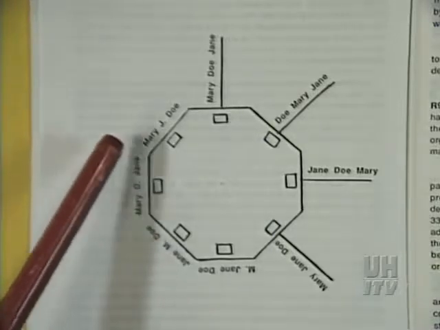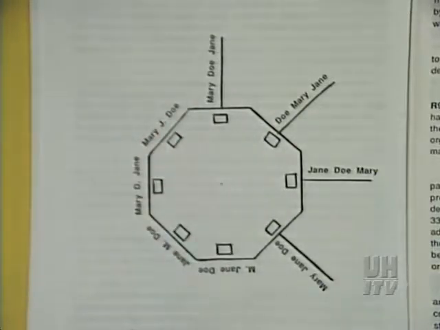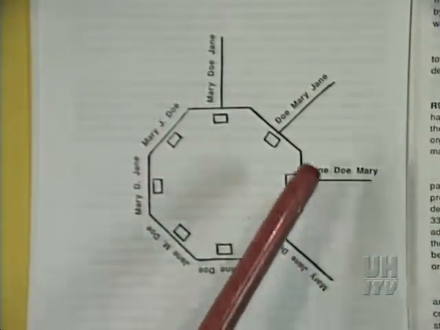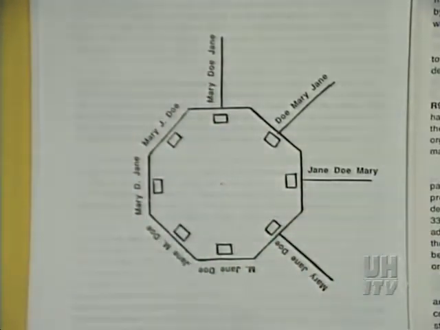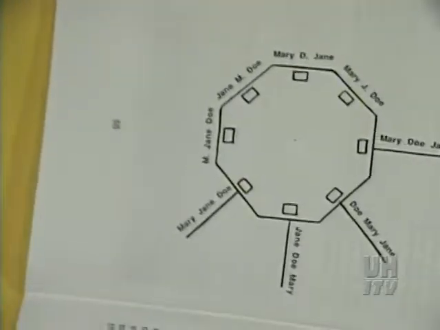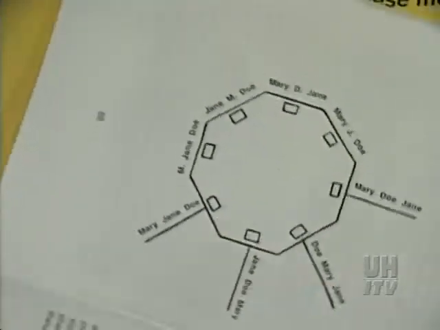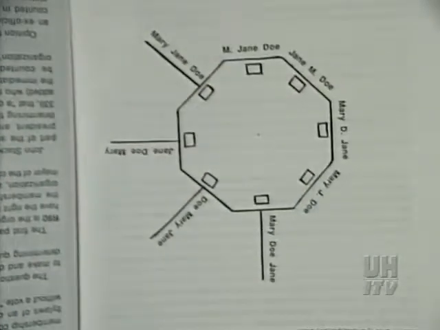But the different candidates' names are in all of these various slots, and you could either write it on the side or you could have a line running out that way. But theoretically, no matter which way you turn the ballot, there wouldn't be a top or a bottom to the ballot.